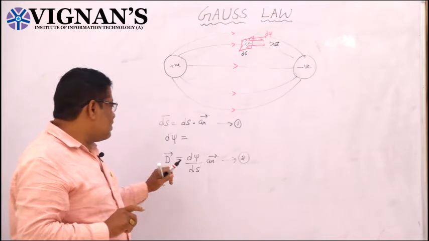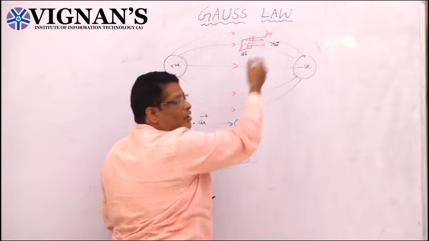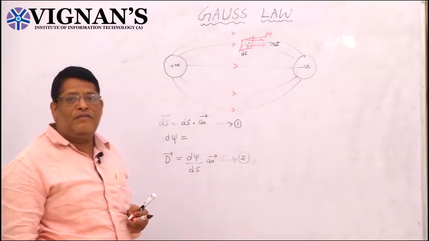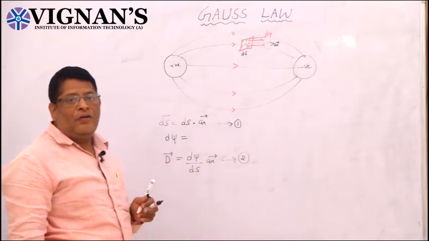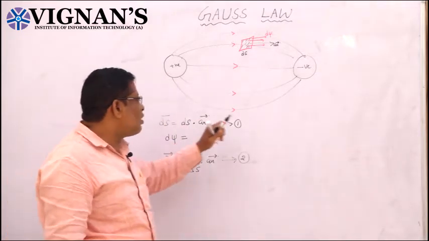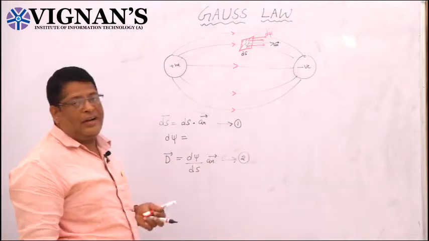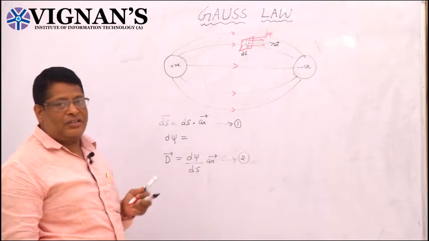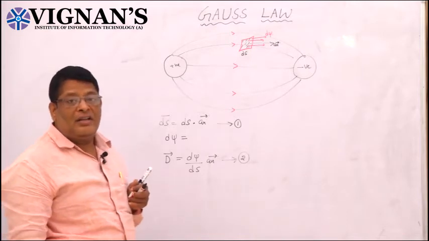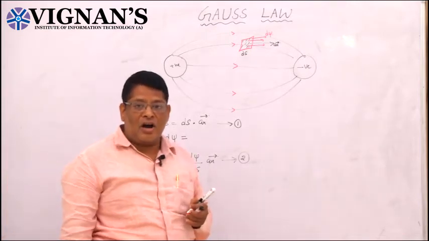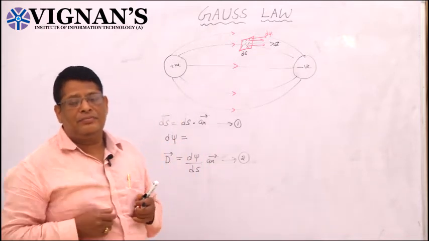The direction of the flux density is the same as the direction of the flux which is leaving from the area. So expression 2 represents the flux density vector. Expression 1 represents the differential surface area that we have considered in the electric field. This is the first case. Now in this case, we are assuming that the direction of the flux density and the surface area is the same.